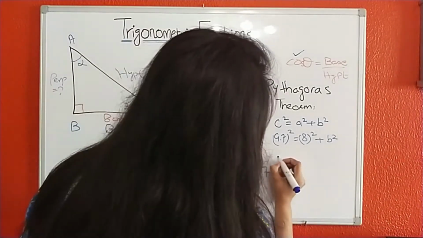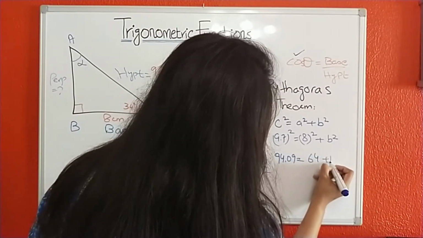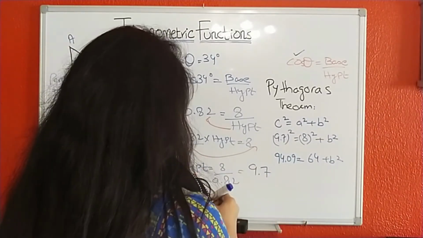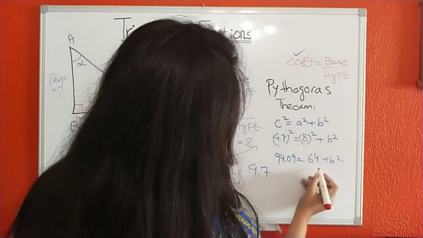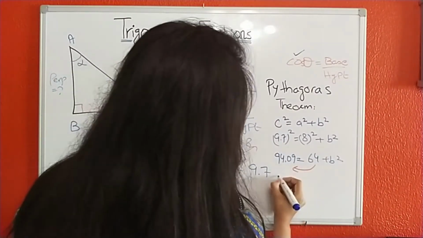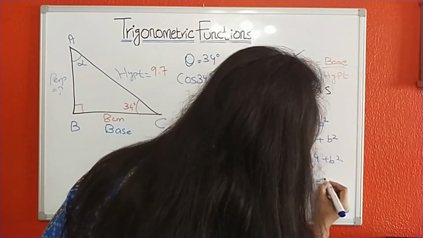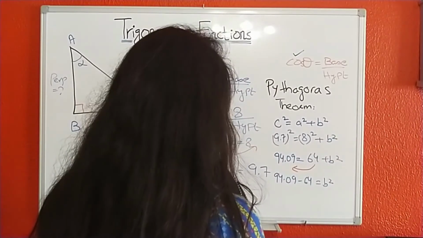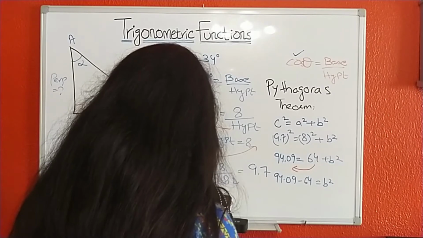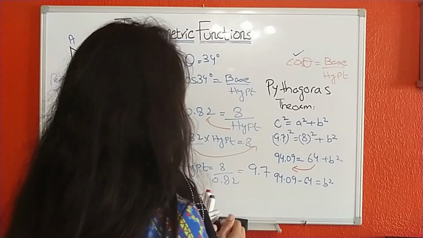So 94.09 is equal to 64 plus b square. So this 64 is adding here and it is now shifting here, and it will convert its sign from positive to negative. So b square is 94.09 minus 64, which is equal to 30.09.